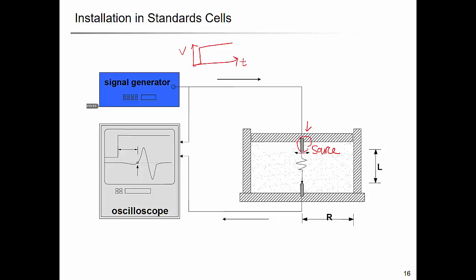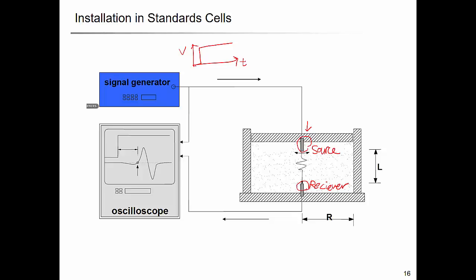Then this will generate the excitation so that the S wave will propagate through the soil, and that wave will make a movement or vibration at the bender with the receiver. And the detected mechanical loading will be transferred to an electrical signal, and that can be seen in the oscilloscope.